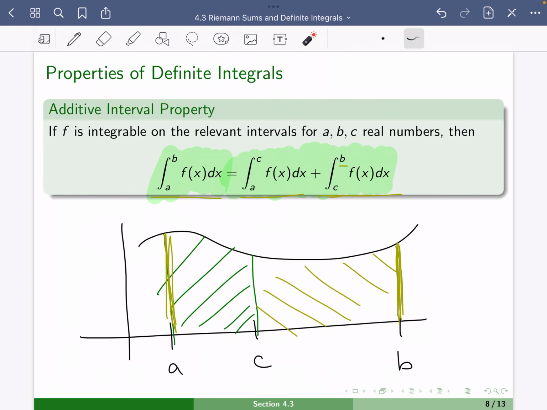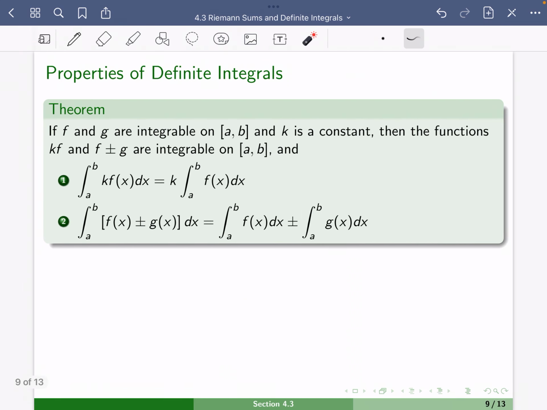We have more properties of definite integrals. So let's look at our next properties. If f and g are integrable on that closed interval from a to b, and k is a constant, then k times f is integrable on that same interval, and so is the sum or difference of those two functions.